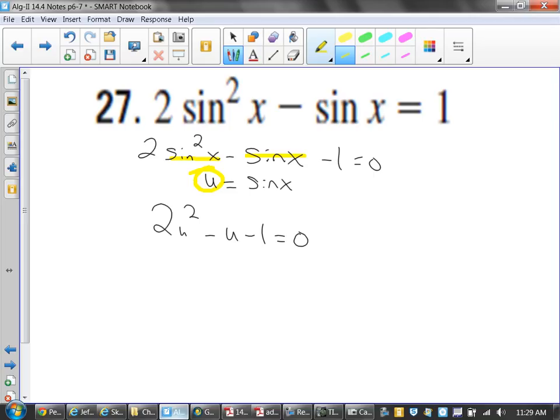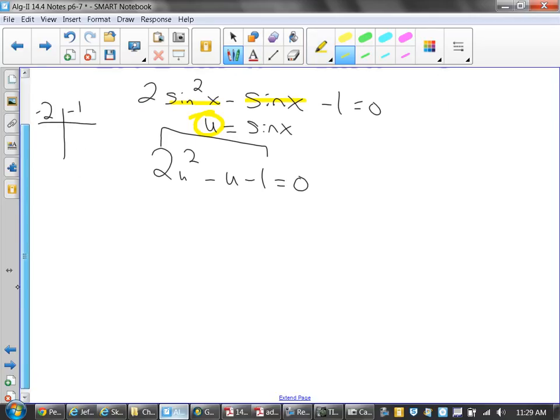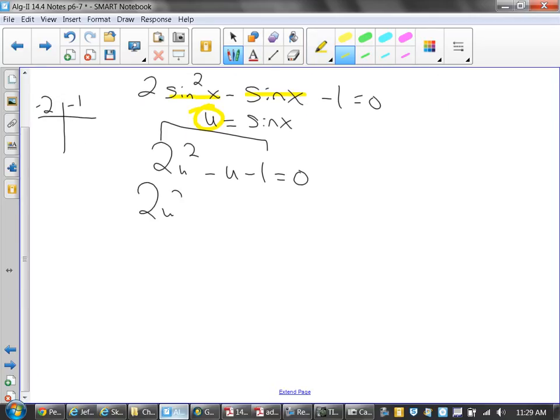I can factor it now. What's 2 times negative 1? What times what's negative 2, but if I add it together, I get negative 1? Negative 2 and 1. So I get 2u squared minus 2u plus 1u minus 1 is 0.